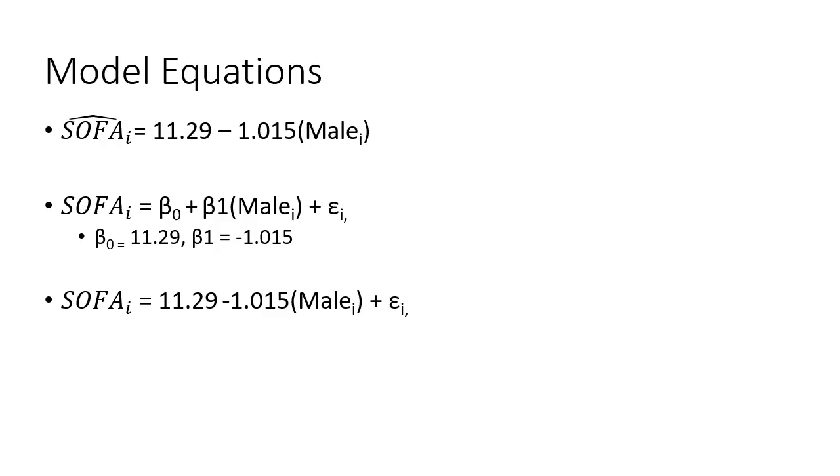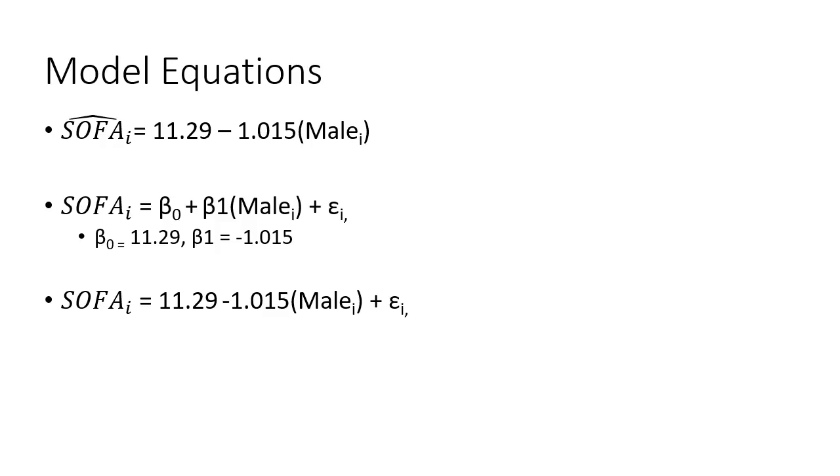So this says predicted SOFA score for any person, SOFA hat sub i, is equal to 11.29 minus 1.015. What goes in the parentheses there, normally, would be the name of the predictor, and we'd be saying for every 1 unit increase in the predictor, there's a corresponding slope change in the outcome. Here we're saying as you go from males to females, there's a reduction of 1.015 points.